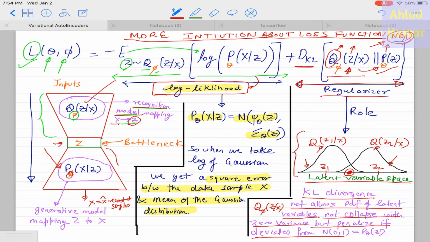Once you feed this data into this network, that is p of theta x given z, it will generate data that is a weighted combination of z1 and z2. That data will not be in the data set in which z1 and z2 are present, because the data that is generated is basically the average of z1 and z2, that is z1 plus z2 divided by 2.